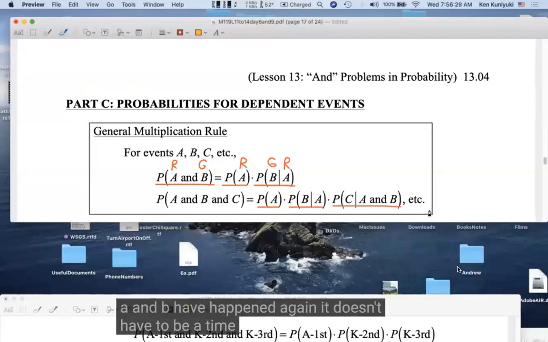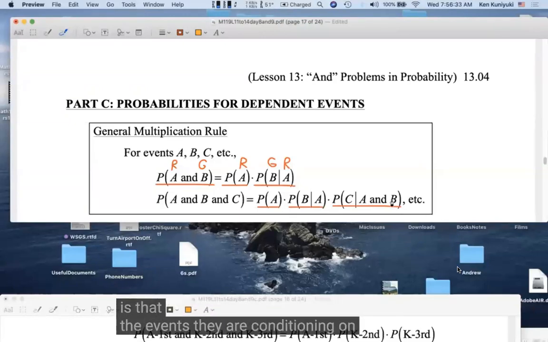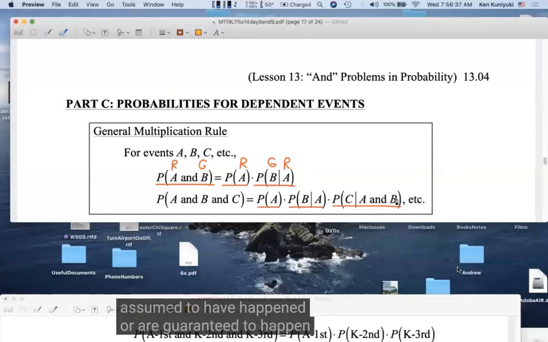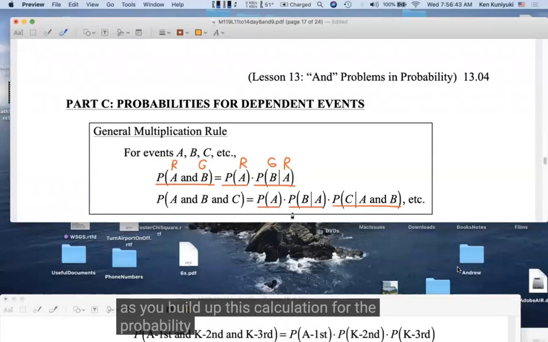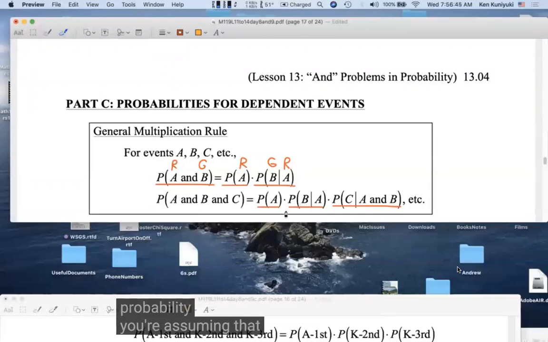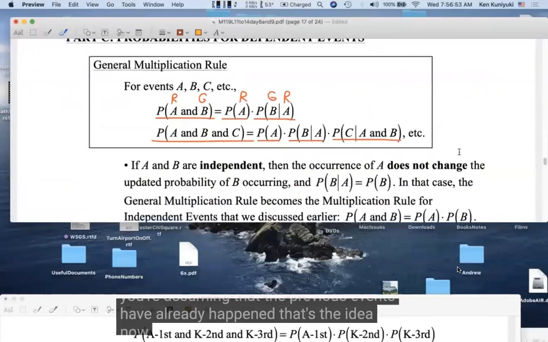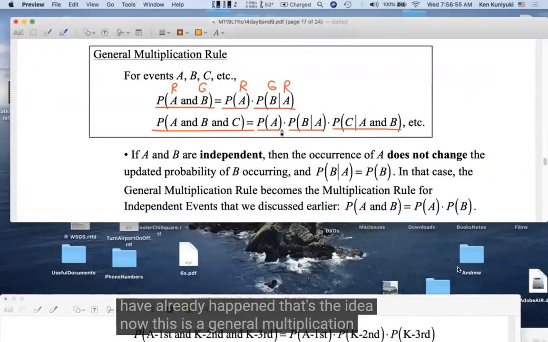Again, it doesn't have to be a time sequence, but the idea is that the events that you're conditioning on are assumed to have happened or are guaranteed to happen. So as you build up this calculation for the probability, you're assuming that the previous events have already happened. That's the idea. Now, this is a general multiplication rule.